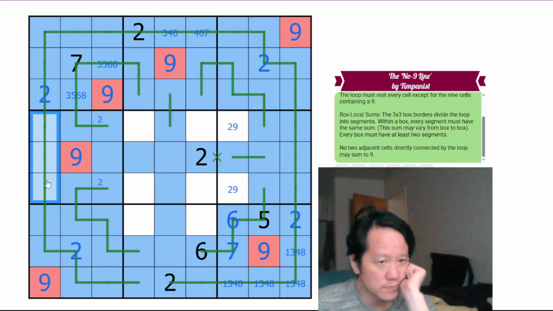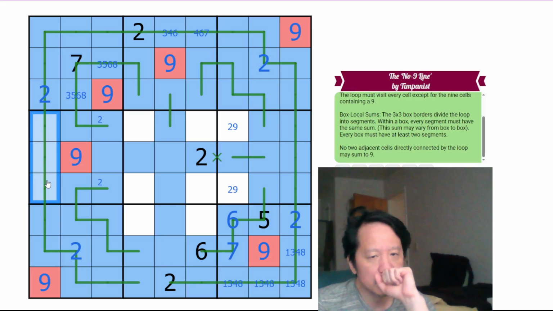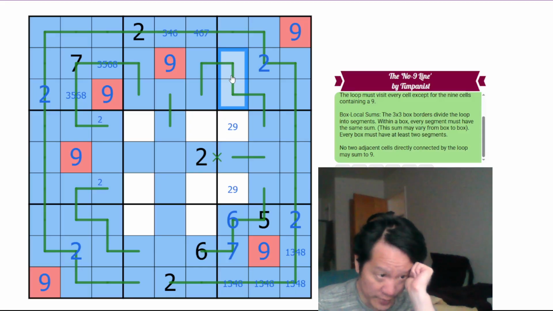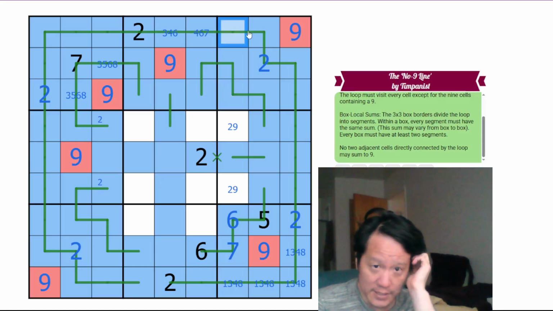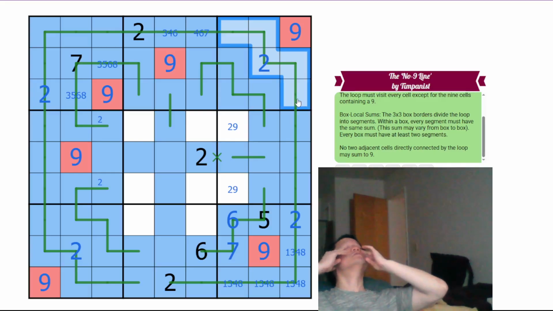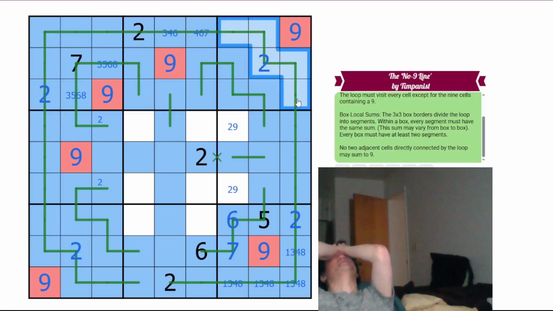This, we're not sure. This cannot be 6 and 7. So there has to be at least one 6 or 7 here. It cannot be 1 2 3 4 8 then.